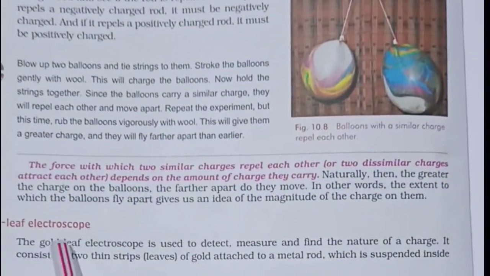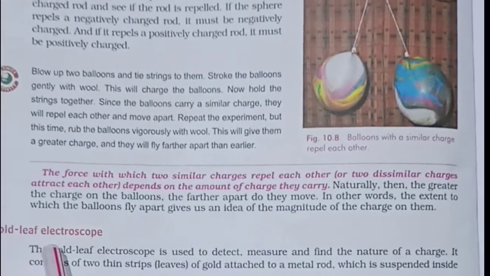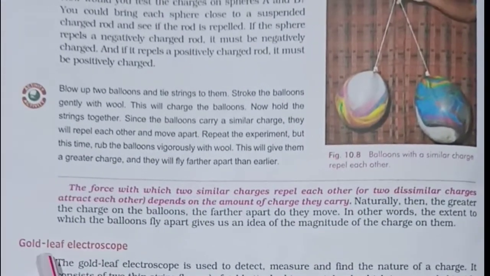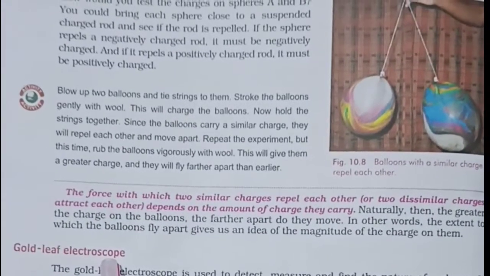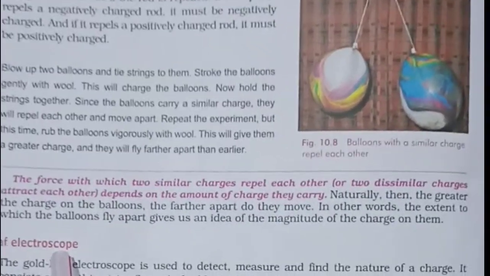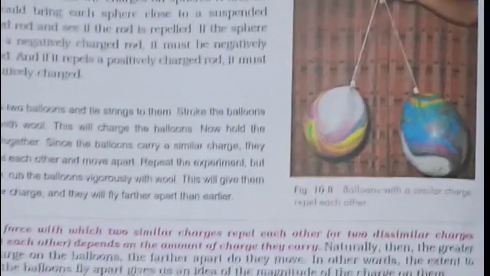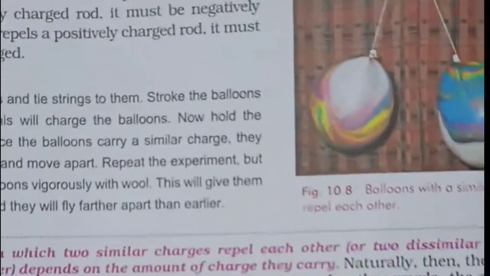So now we will study the apparatus called the gold leaf electroscope, which is used to measure the charge, the nature of the charge and the amount of the charge.